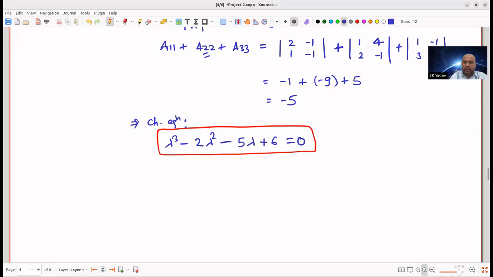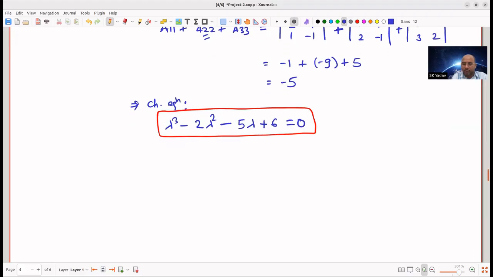So what is the initial point to find the first root, because it's 3 cross 3? I have to easily check one of the roots for this particular equation. So if you remember the initial guess, what could be the initial guess?